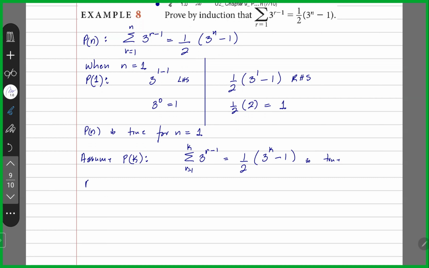Then we are required to prove that Pk plus 1, the sum from r equals 1 to k plus 1 of 3 to the r minus 1 is equal to 1 over 2 times 3 to the k plus 1 minus 1. We're required to prove that this statement is true.